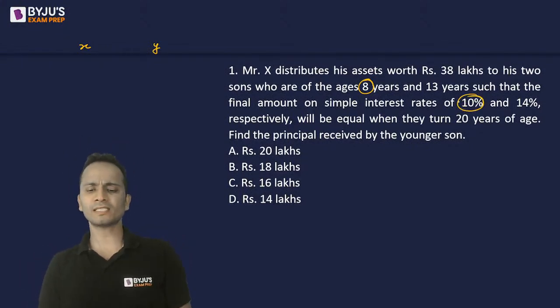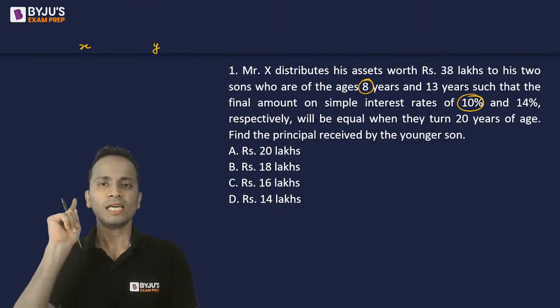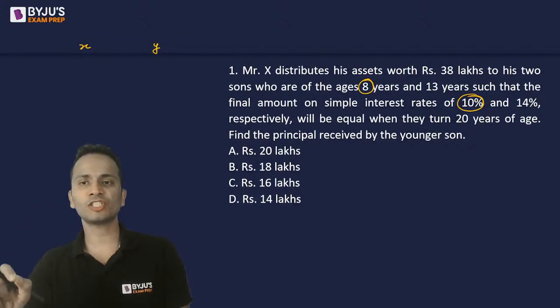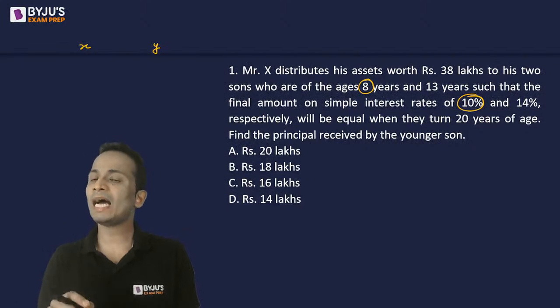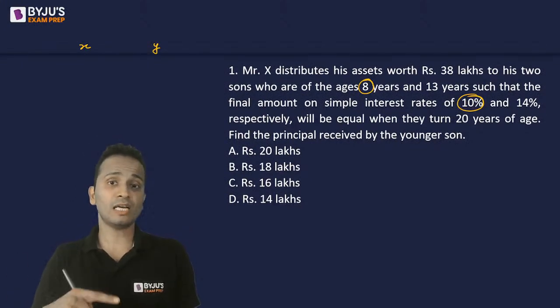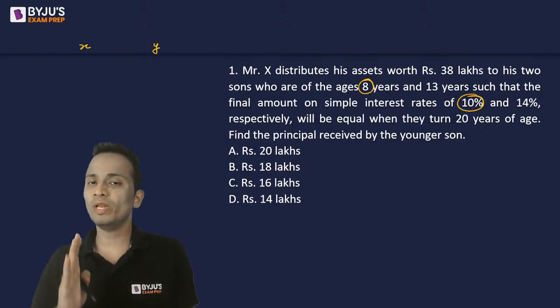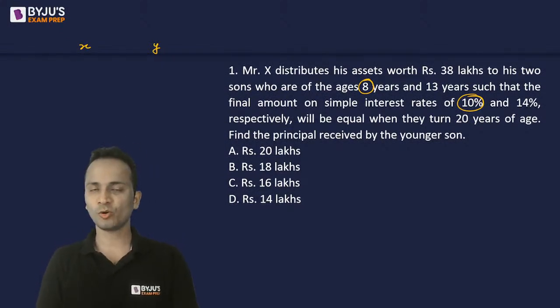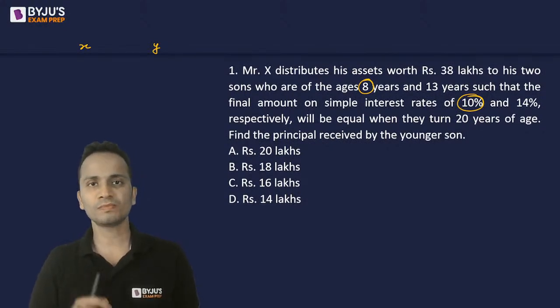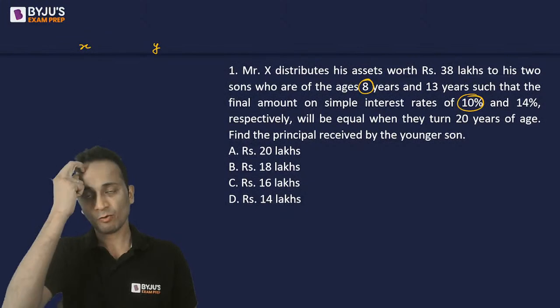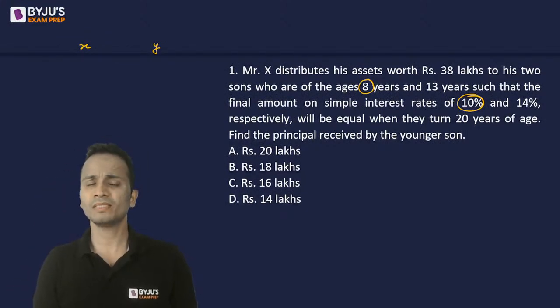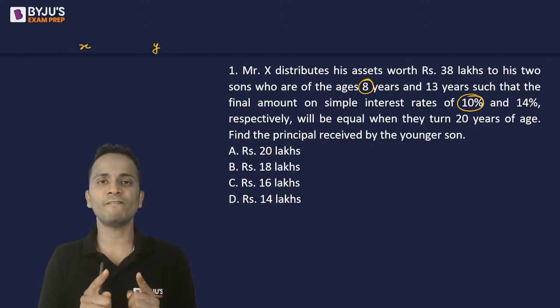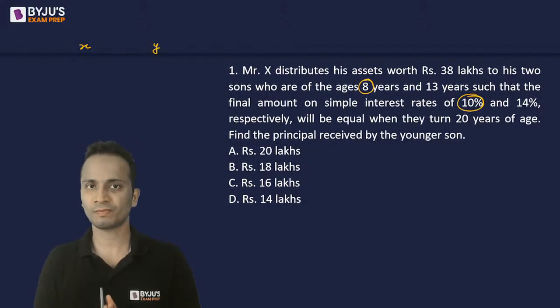Now, since this is simple interest, he's 8 years old, the rate of interest is 10 percent, and the amount will be received when they turn 20 years of age. Okay, so the investment is done when the son is 8 years old and he will get the money when he turns 20. That means this money is invested for 12 years, right?